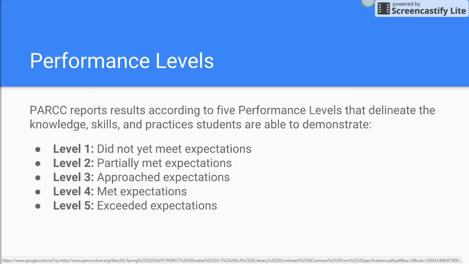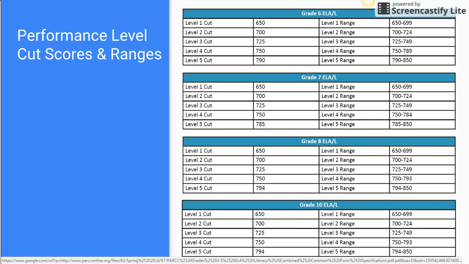Students performing at levels 4 and 5 have met or exceeded expectations, have demonstrated readiness for the next grade level or course, and ultimately are likely on track for college and careers. You can see the appendix in the back of the PARCC Score Report Interpretation Guide for the cut scores and ranges for each performance level.